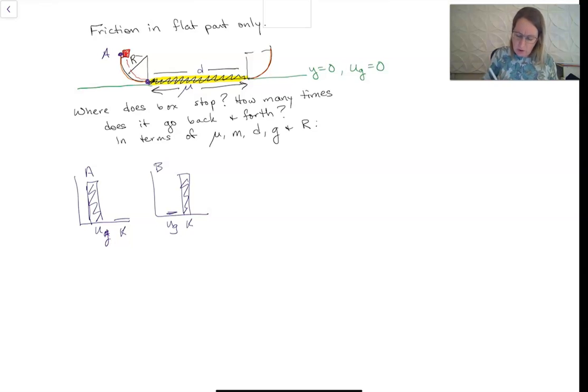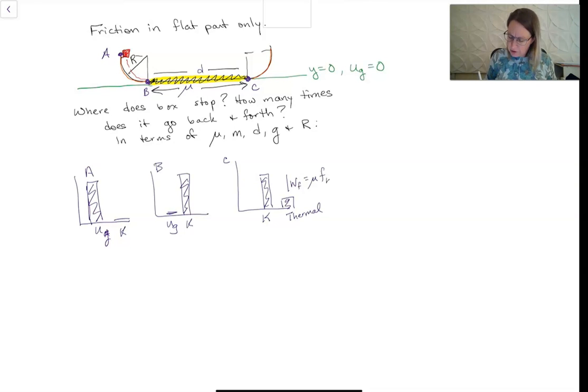And let's say we go all the way, so that's point B. Let's go to C. Let's say it gets all the way to C. Then there's C, where we've lost some kinetic energy, and we've gained that same amount in thermal, due to friction. So this is kinetic, and in this case, the thermal energy would be the same as the absolute value of the work done by friction, which would be mu times the friction force times the distance that we went.